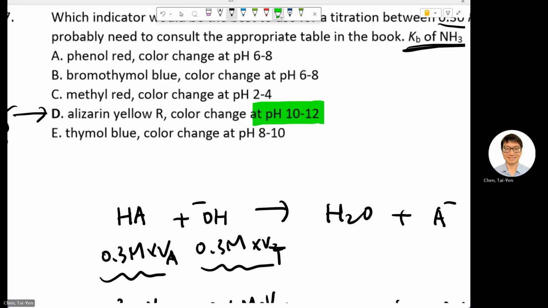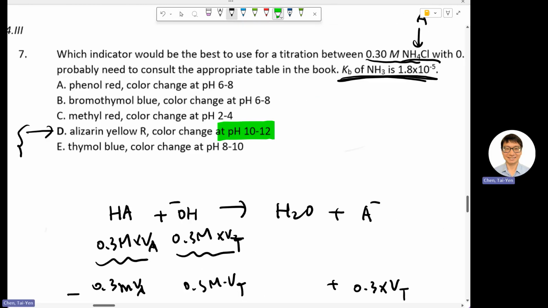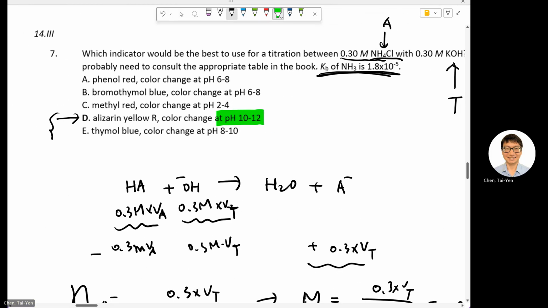All right, so a recap of this question. I provided some simple rules for you to guess which is the most reasonable indicator. Sometimes you are going to see a question like this, where the one I gave you still seems reasonable, but there's also another choice, which is E in this case, that seems okay too.